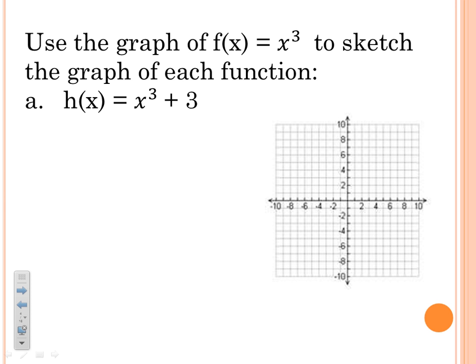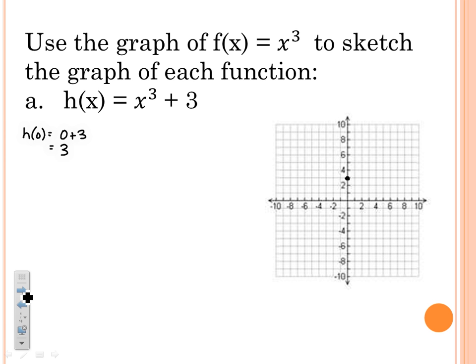So what does that shift end up doing? Well, I want you to think about a couple of points here. For example, if we did h of 0 right now, we would have 0 cubed plus 3, or 3. So instead of this graph starting or going through the origin, it's actually going to go through 0, 3.